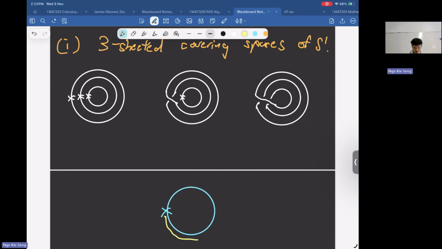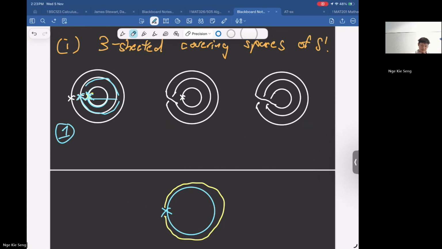So if you leave this point here, for example, in the first picture, if you lift to the inner circle, then this loop will just bring your point back to itself. Similarly, if you lift to other pre-image, it's the same thing. If you lift to any of them and then you draw a loop, you're gonna go back to the same pre-image.